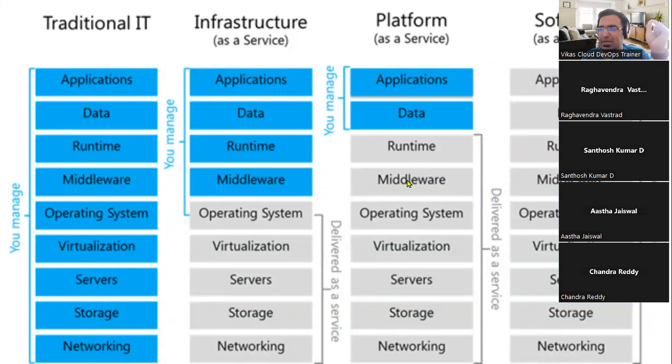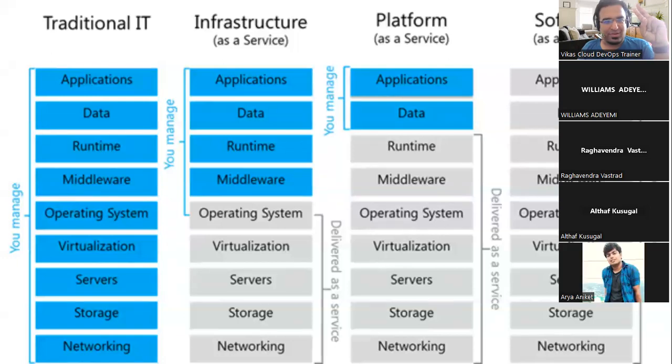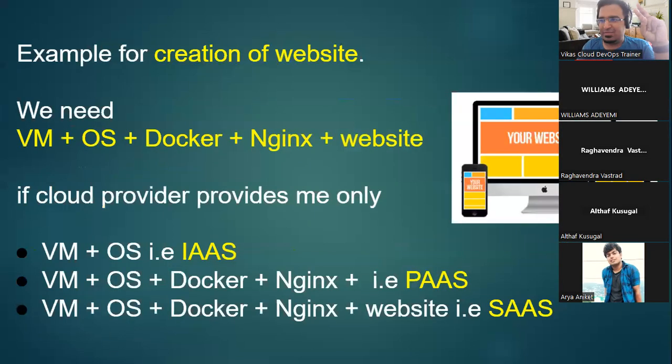In our previous example, what is our runtime and middleware? I need an accurate answer here. Guys, give me the answer. What is our runtime and middleware? JDK. Wrong. Nginx plus one more thing. Very bad.